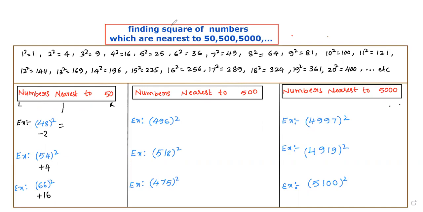In the left part, we add or subtract the deviation to 25. Whether the deviation is negative or positive, we just add it to or subtract it from 25.